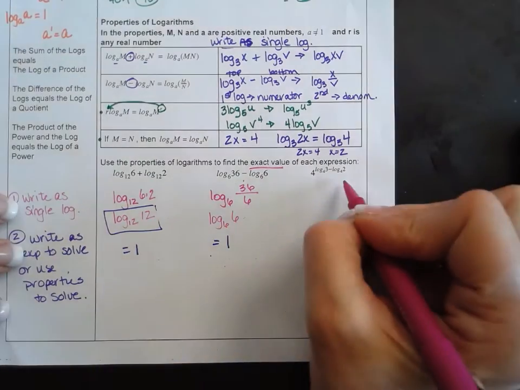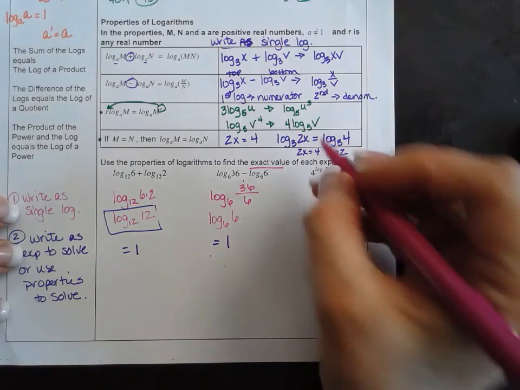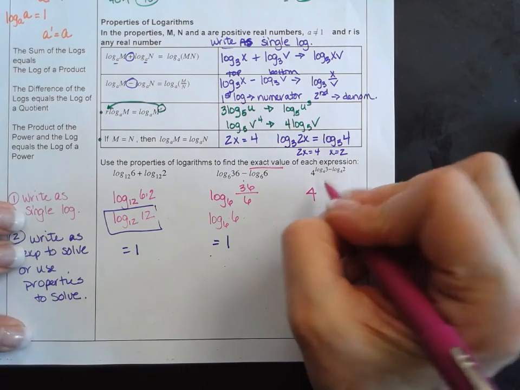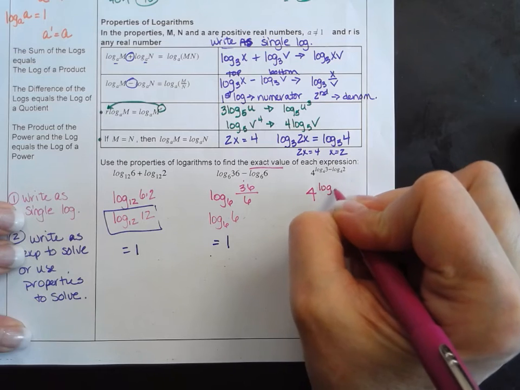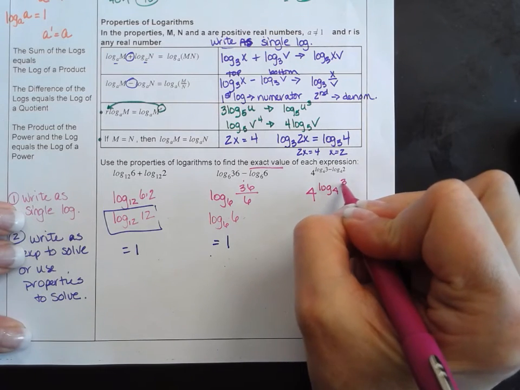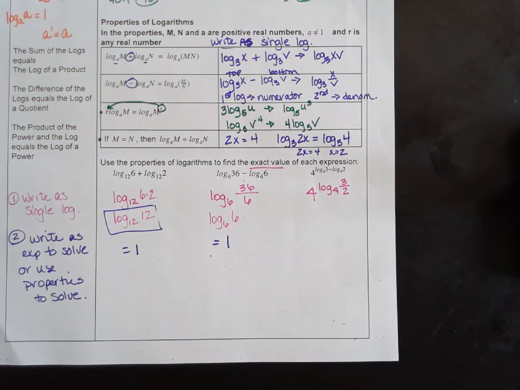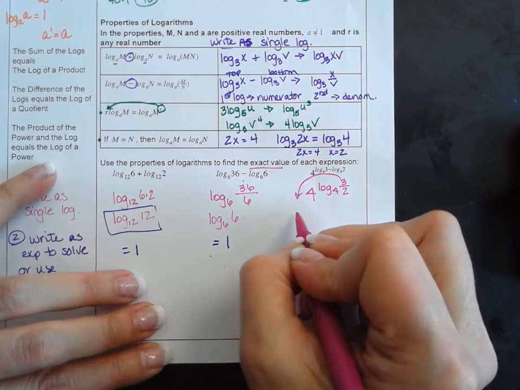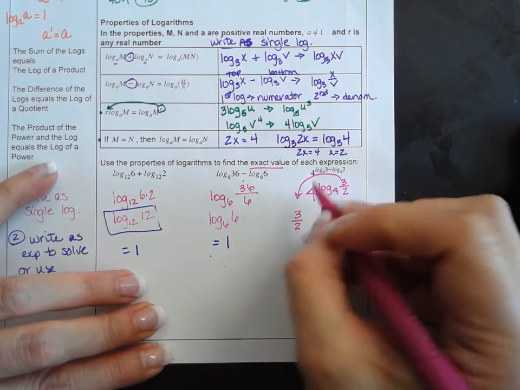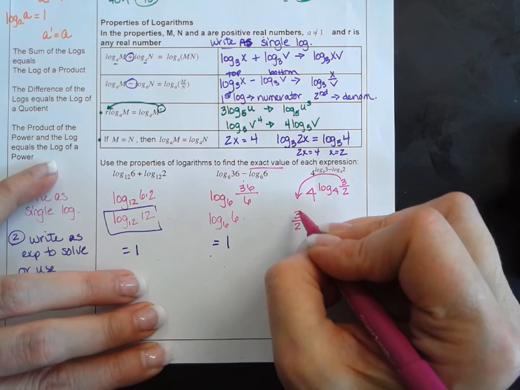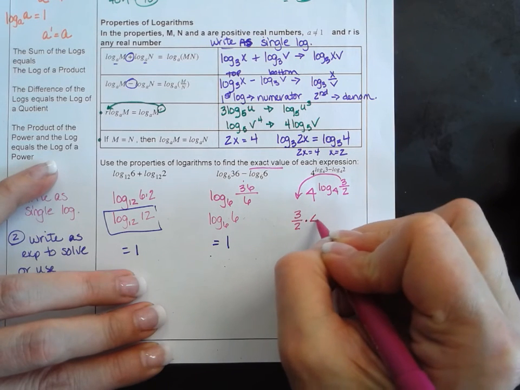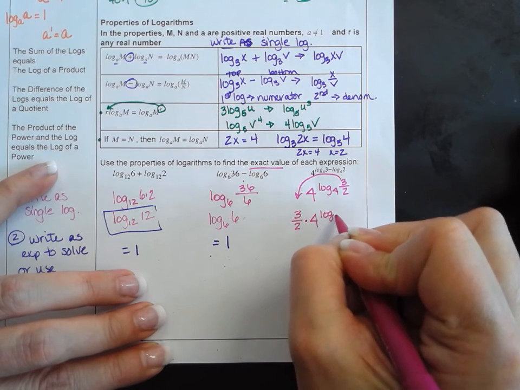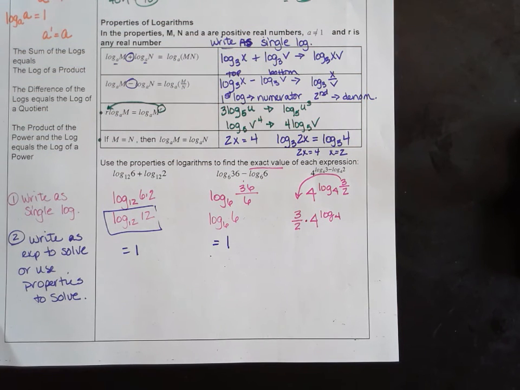Alrighty. The next one. Let's rewrite it. I got 4 to the log base 4 of 3 halves. So I'm going to throw that down in front, my exponent in front. And so now I have 3 halves times 4 to the log base 4.